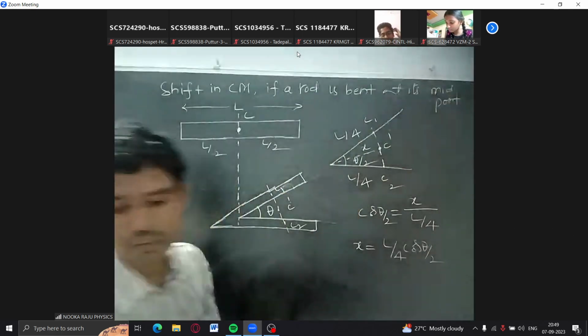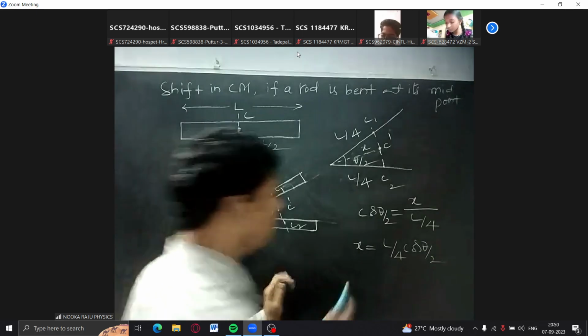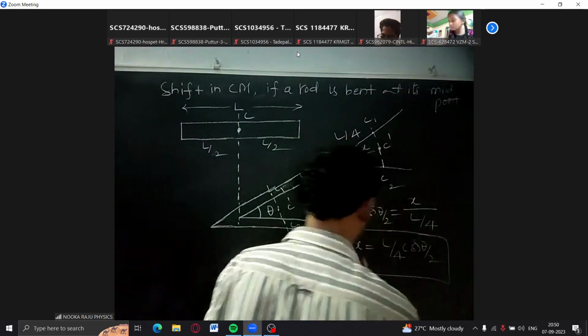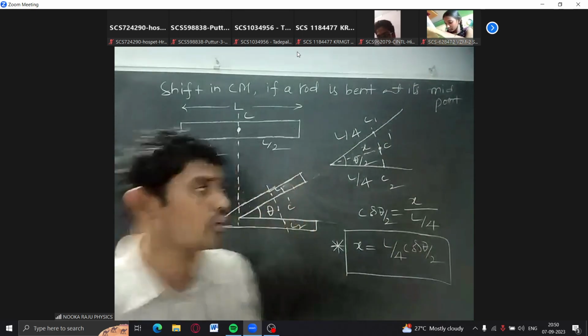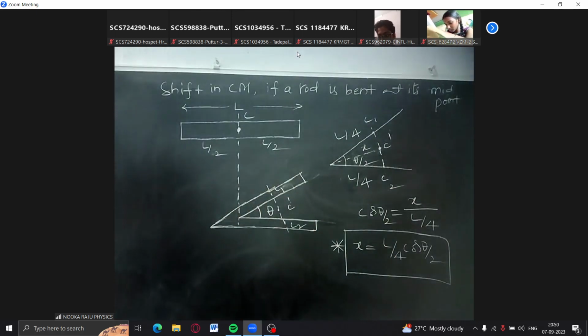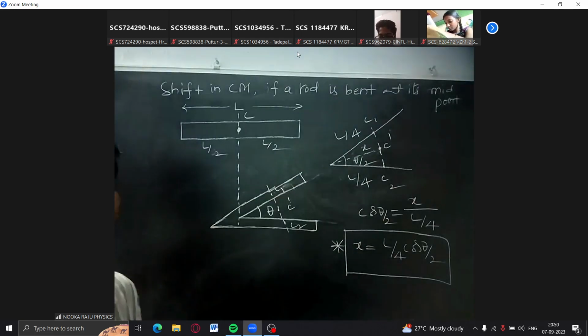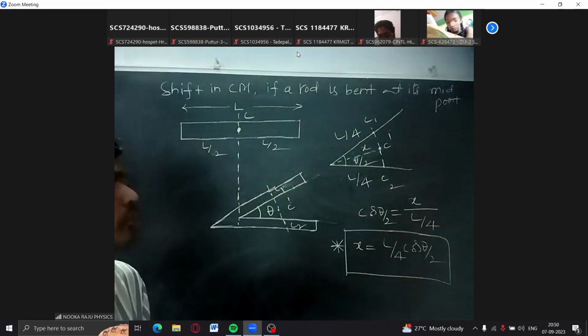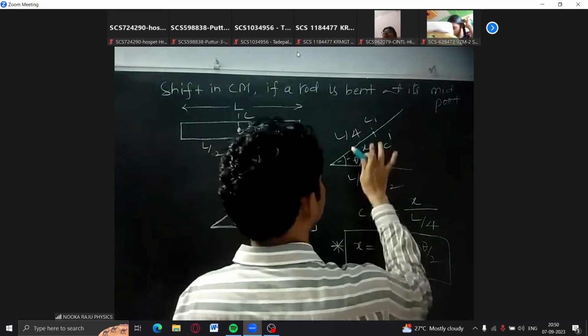What about the x value? It is the distance from the center of mass to the origin. This is also a very, very important point. Please write it down. Again, I want to explain. Any doubt? So here, what is the x value?